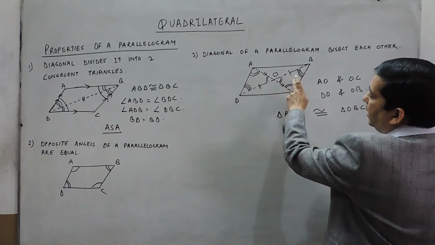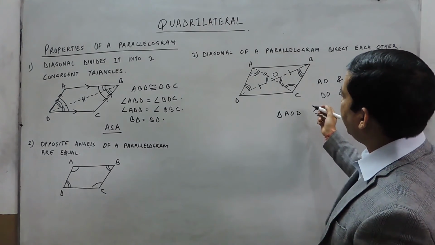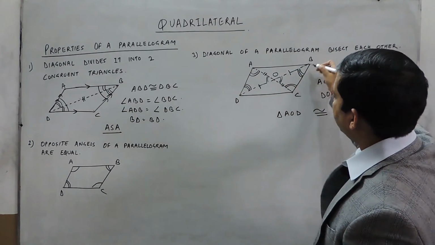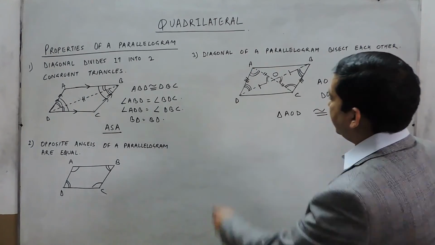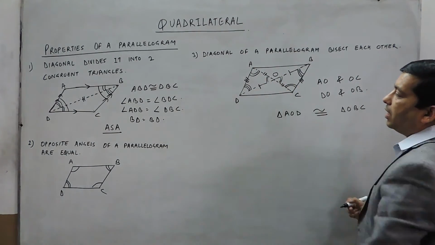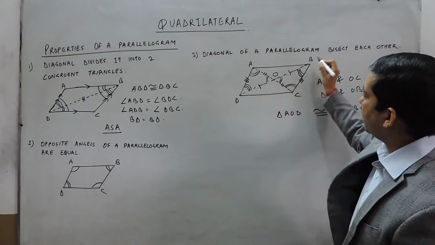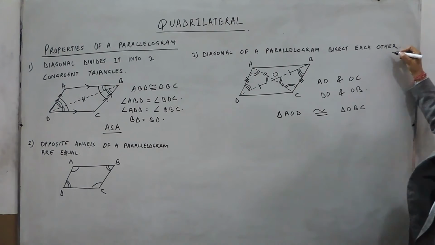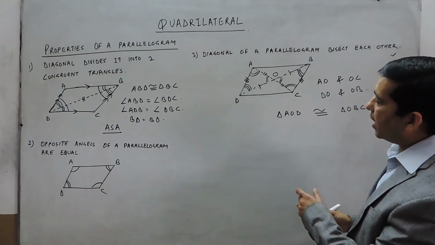When all the angles of these two triangles are equal, then definitely these two must have the same ratio in their sides, and this side is equal to this side. That means they are congruent to each other and have the same length of sides. So DO must be equal to OB and AO must be equal to OC. So the diagonals of a parallelogram always bisect each other. So these are the properties of a parallelogram.